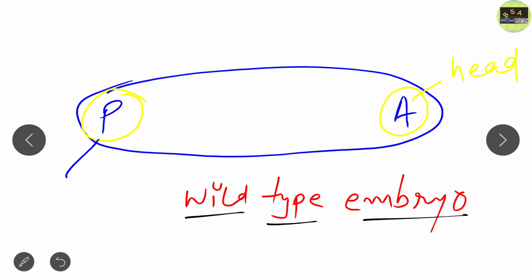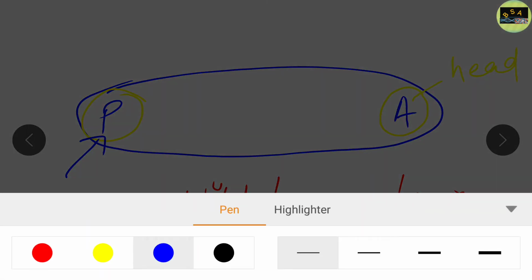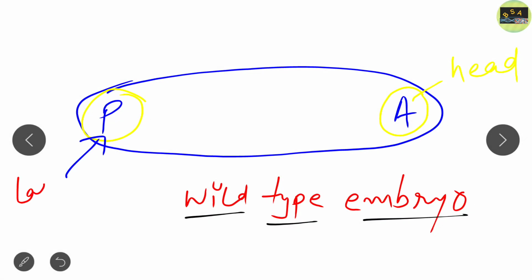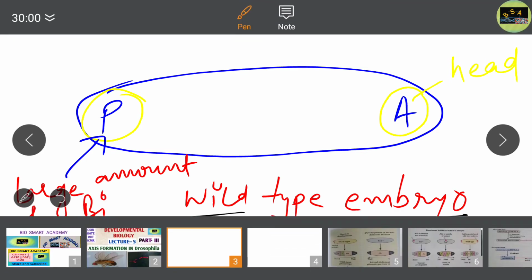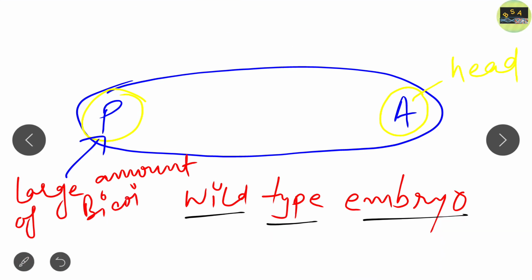Suppose we add here a large amount of bicoid mRNA. So what happened?